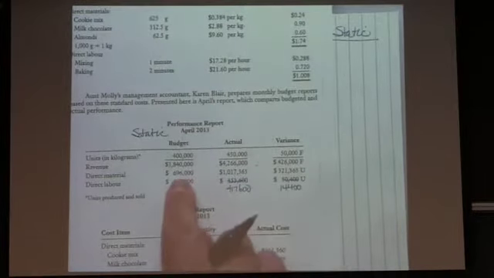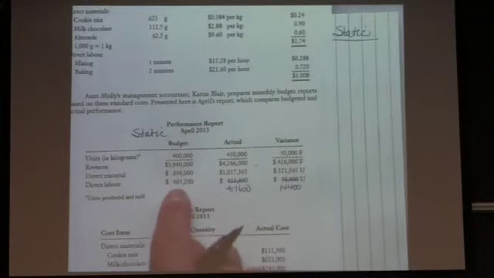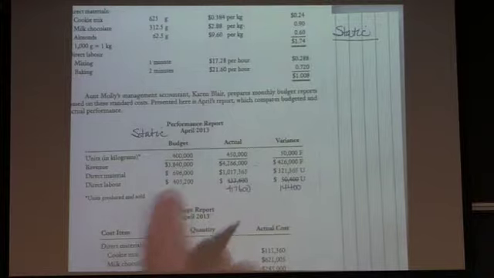I know in total it's 696. I know in total it's 403,200. How do I make that? Well, let me show you how it's done. So for the first one, for materials, what was the standard?